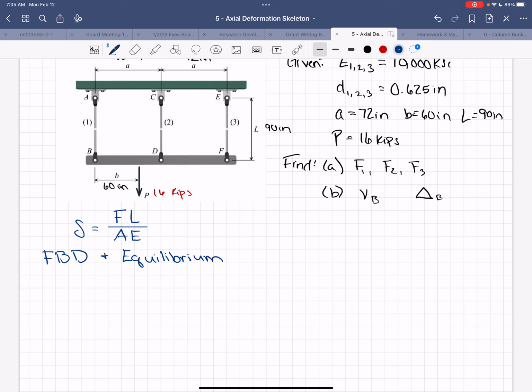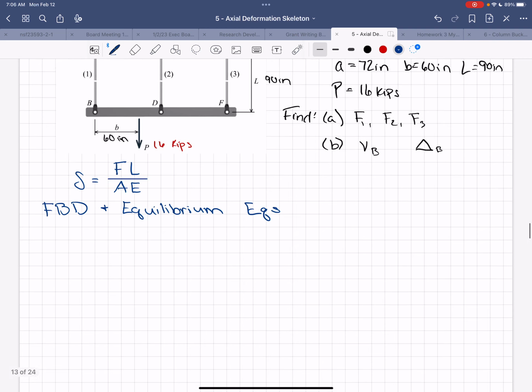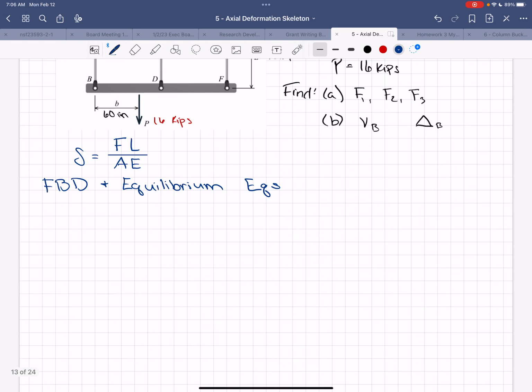And usually we can solve the equilibrium equations, but this is indeterminate, which tells us that we're going to have more unknowns than we have equations. So rigid bar BDF is what we're going to draw. So that's going to be this. So we have B, we have D, and we have F.